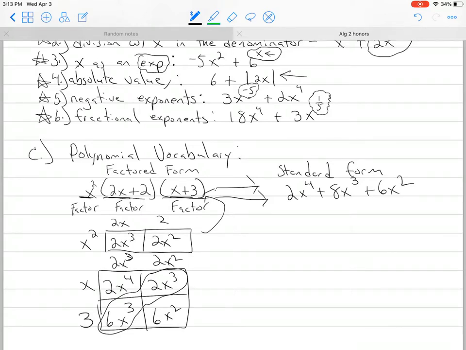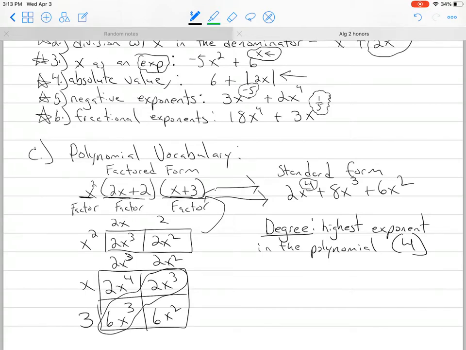Now there's some other vocab. We need degree. Degree is the highest exponent in the polynomial, right? So in this example, the degree would be 4. It's a 4th degree, okay? What else do you need? You need the word coefficient.